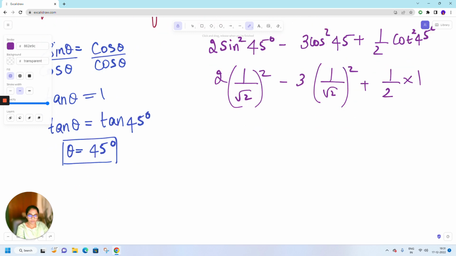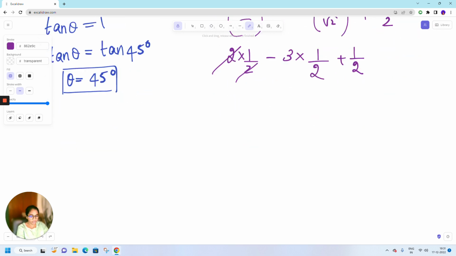Okay. Now we have 2 into 1 by 2. I just told you how to simplify this in the previous problem, right? So again we would have 3 into 1 divided by 2 plus half. This 2 and this 2 get cancelled. Agree?